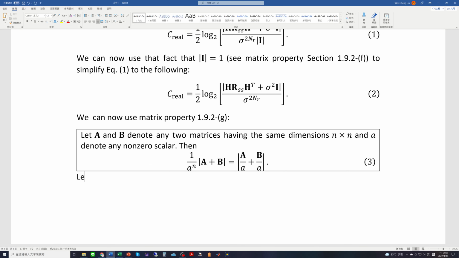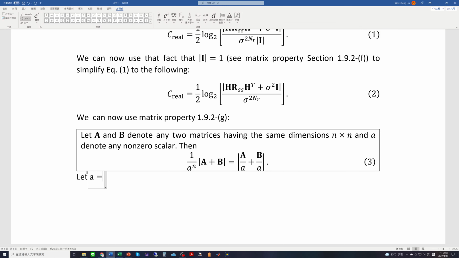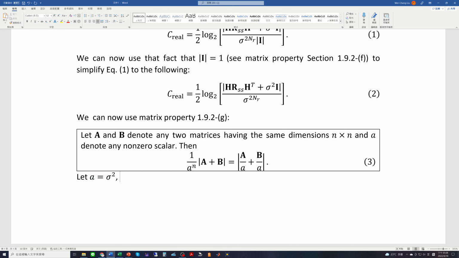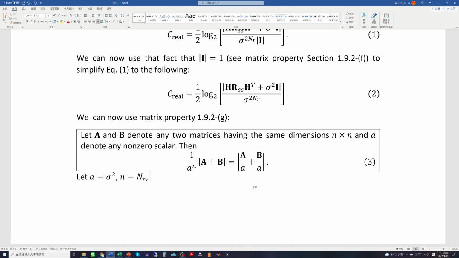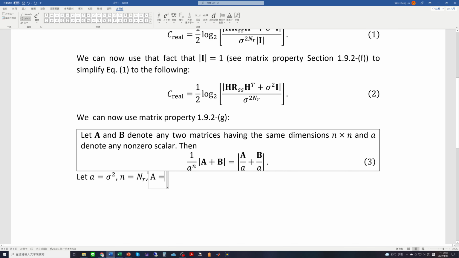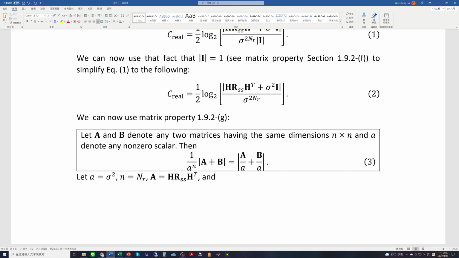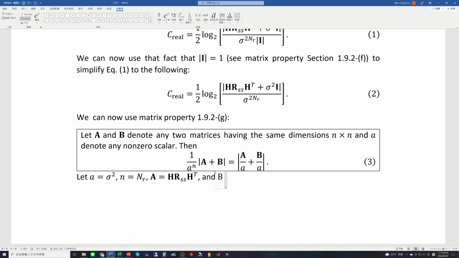Now we let small a be equal to sigma square, and small n be equal to NR, and A, which should be boldface, is equal to this term, H times R SS times H transpose, and B is equal to this term.